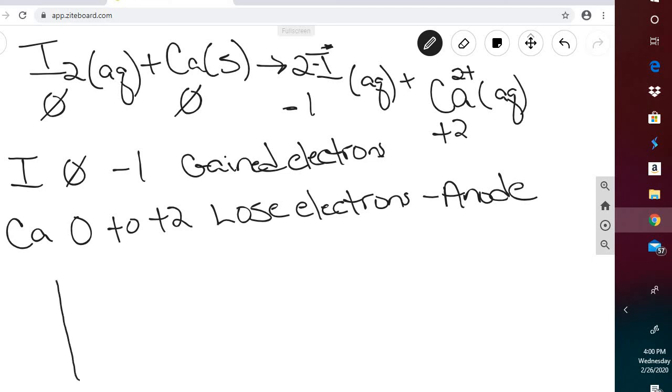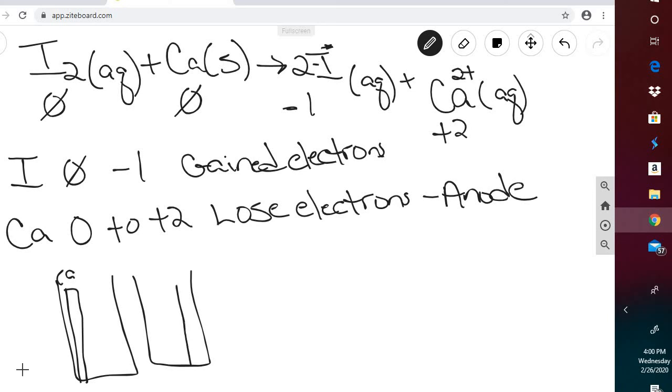So this one's a little bit different than the previous problem because the only solid we have is the calcium. So for the electrodes, on the anode side, since it lost the electrons, the electrode would be calcium. Over here, the electrode can be anything.